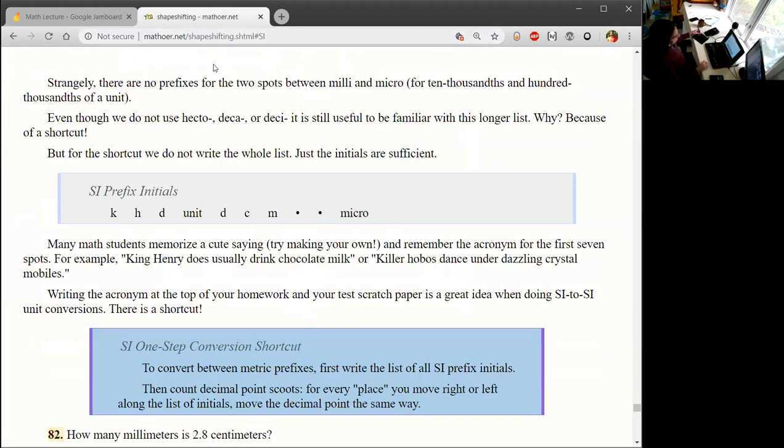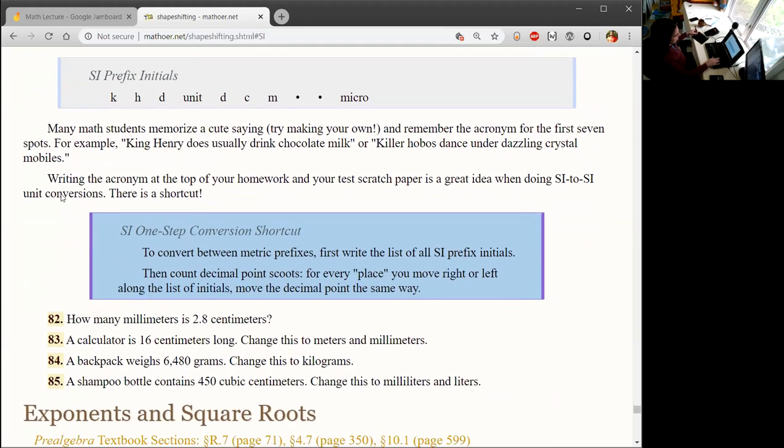And there's sayings about why this works. Maybe King Henry does usually drink chocolate milk. Killer hobos dance under dazzling crystal mobiles. Make up your own saying. I will put it right here in the website if you make up your own catchy saying. But you want to be able to write that out. And you want to write that because of a shortcut.